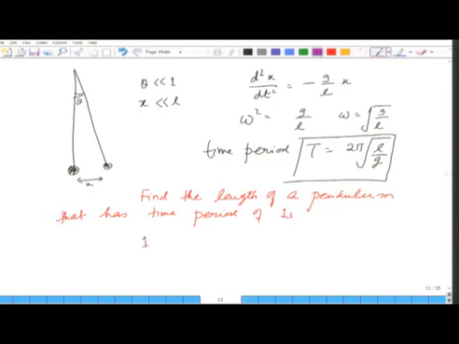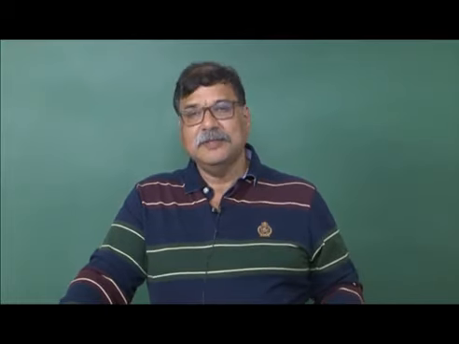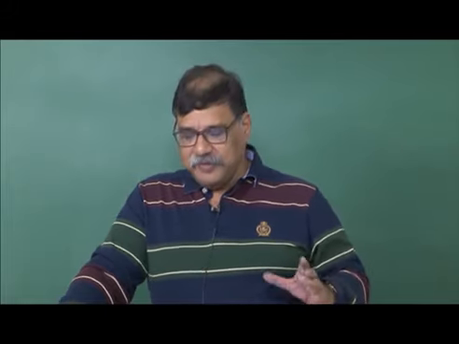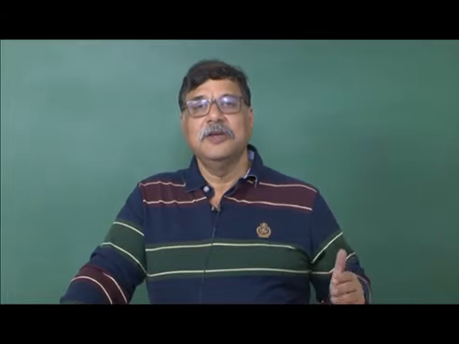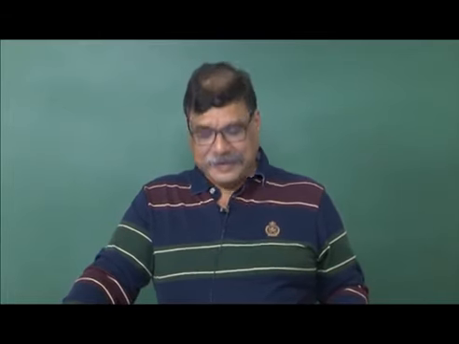We will go to the formula. 1 equals 2 pi square root of L over g gives you L equals g over 4 pi square, which, because g is roughly pi square, is 1 over 4 meters, or roughly 25 centimeters. And you see your wall clock at home, the pendulum that swings there has roughly a length of 25 centimeters, because I have taken g to be pi square. So, it will be very close to 25 centimeters, and that has a time period of 1 second.